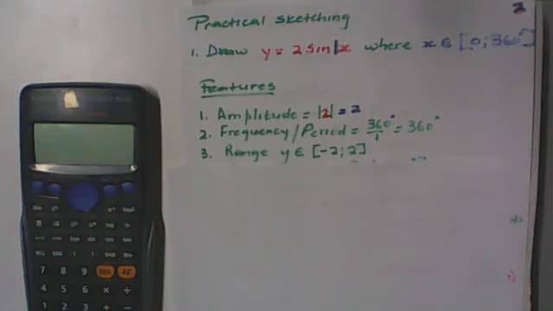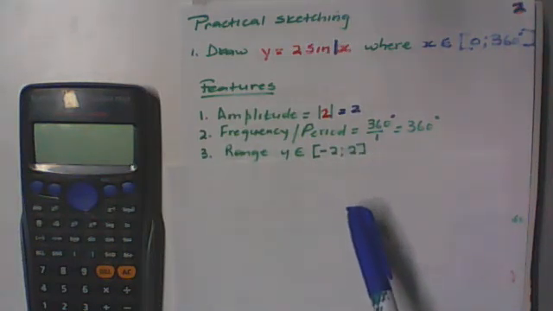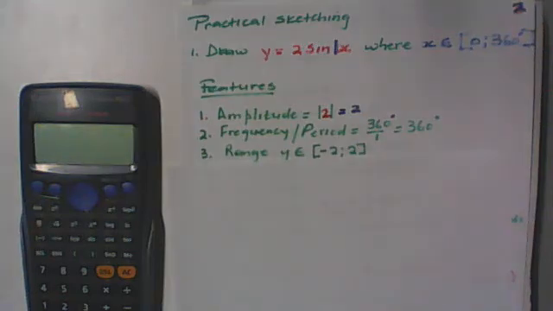y is an element of -2 up to 2, then close, that is a square bracket. Now for the square bracket, if you use the square bracket here, guys, it means -2 is part of it. But if you use just ordinary brackets, that means -2 and 2 are not part of it.